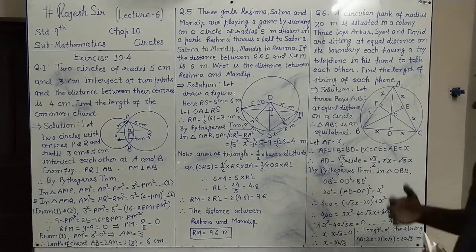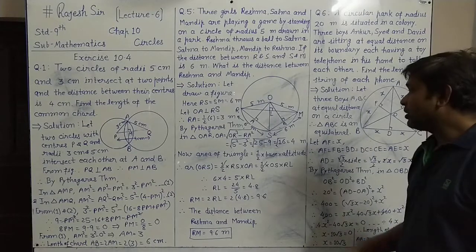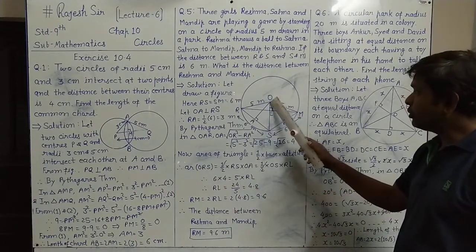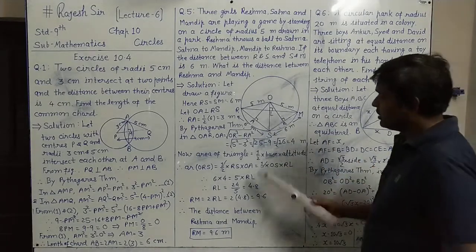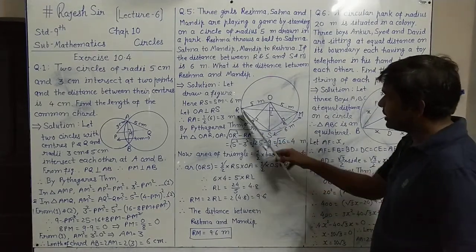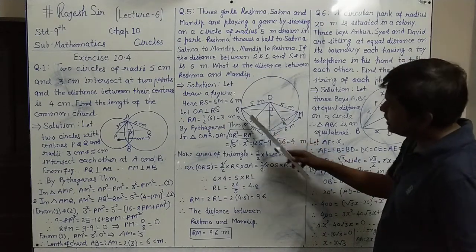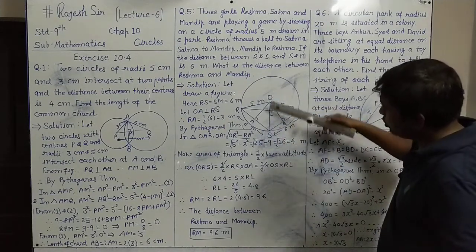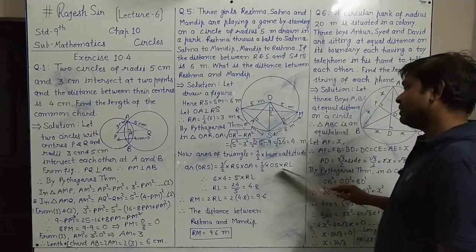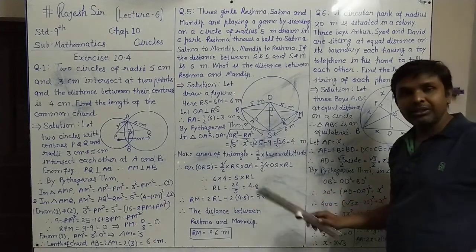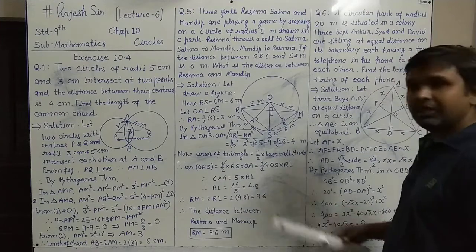Now next, the formula you know: the area of a triangle equals half of base into altitude. So the area of triangle ORS, if I take RS as base, the altitude is OA. For this triangle's area, if I consider the base as OS, then the altitude is RL, so half OS into RL. Both show the same area of triangle ORS, so they will be equal.